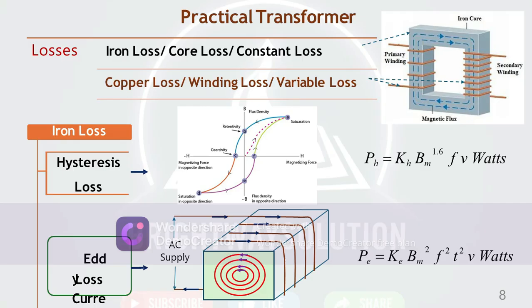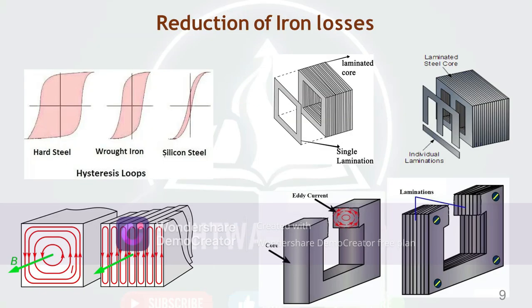The eddy current loss is Ke, a constant term, times Bm squared, f squared, t squared (thickness), and V (volume), in watts. Again the B term is there, so the eddy current loss also depends on the value of voltage.